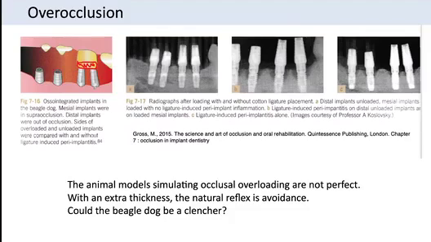The normal reflex is to avoid it because I'm not stable. So it is not so easy to interpret the results of some research. With the extra thickness, the natural reflex is avoidance.